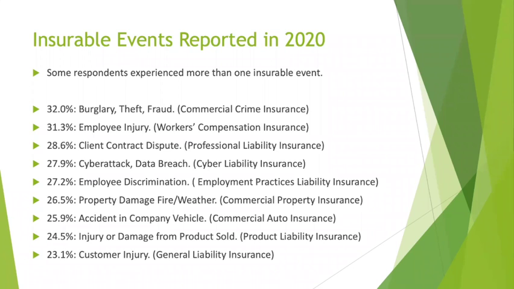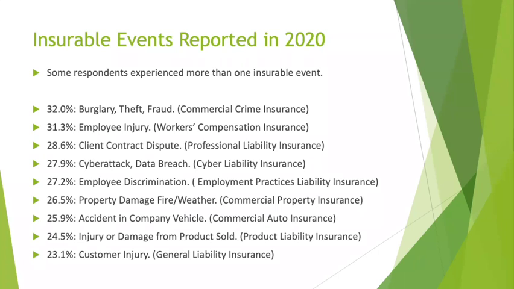We look at the types of insurable events that got reported to Advisor Smith. Most business owners think that the greatest risk would be covered by general liability. But when you look at this list, which shows the percentage of companies that had this kind of loss and the insurance that would cover that kind of loss, we see that there are a lot of different products you could choose from.